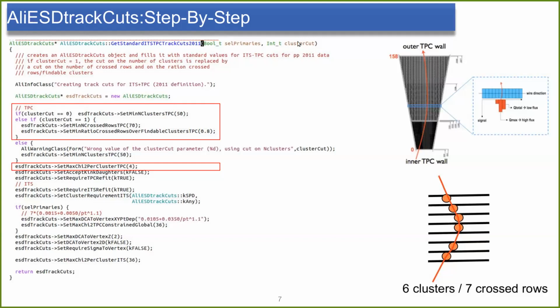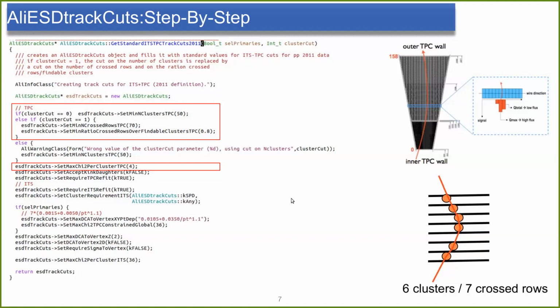If we put 0, that will use the cluster cut, where the minimum number of clusters in the TPC is 50. And if you use 1, then it will use the crossed rows cut, which uses a minimum number of crossed rows of 70, and the ratio of crossed rows over findable clusters equal to 0.8.